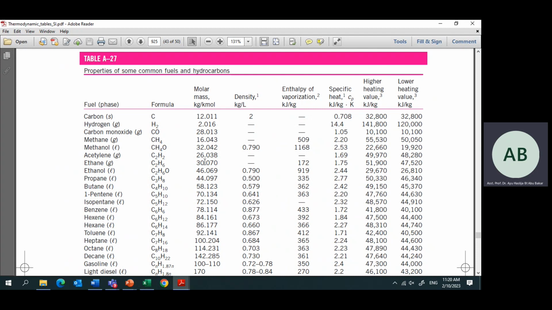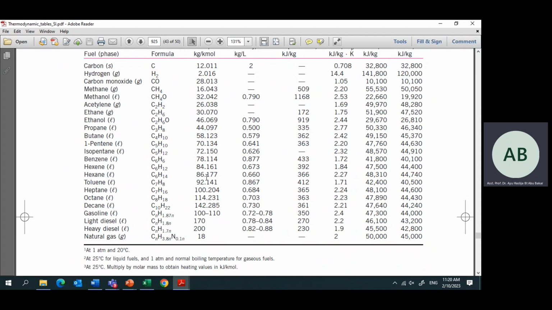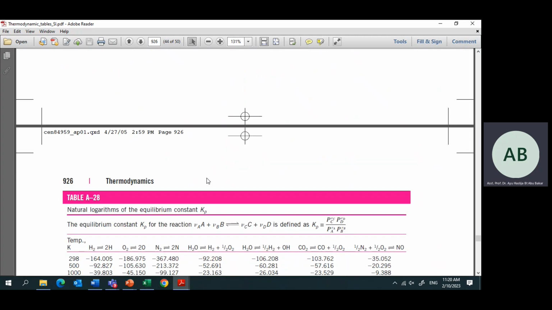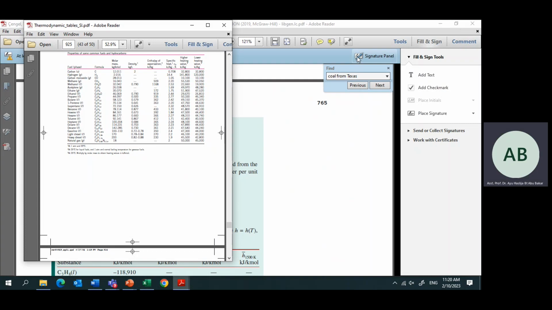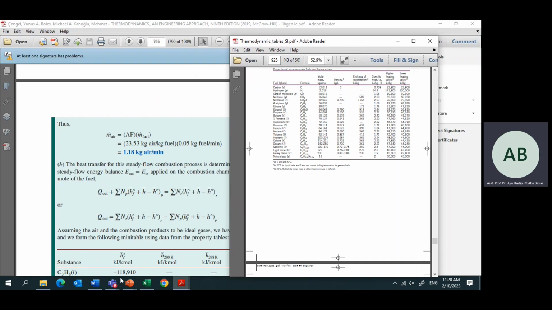These are the common tables that we will be using in the class. Now to solve question B.